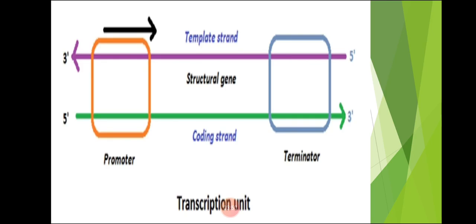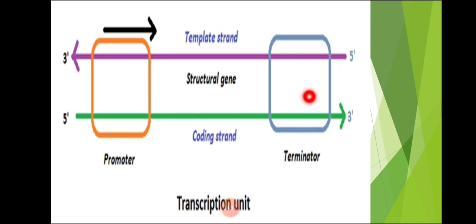The other strand, that runs in 5' to 3' direction, is called the coding strand, also known as the sense strand. This strand does not participate in transcription. RNA polymerase catalyzes the whole process of transcription in 5' to 3' direction.